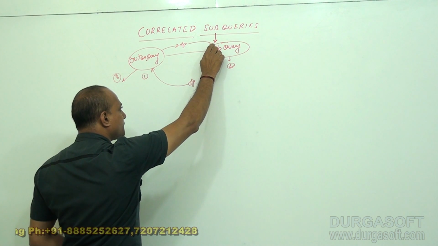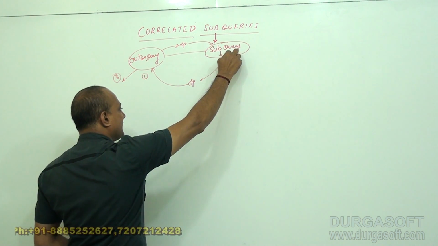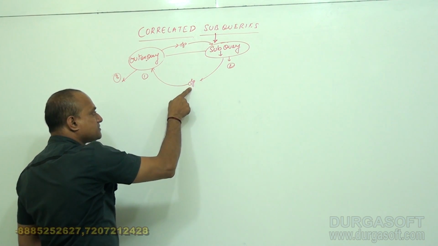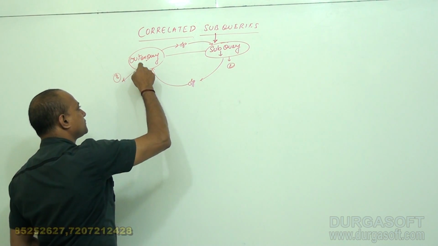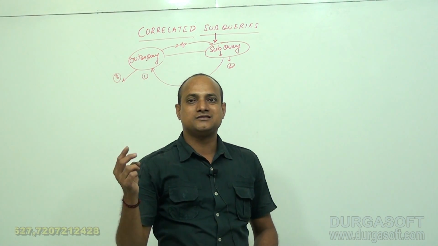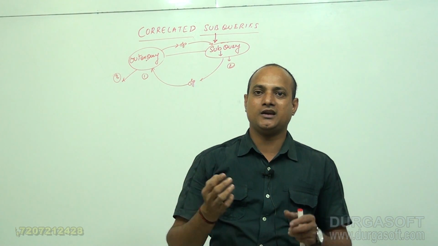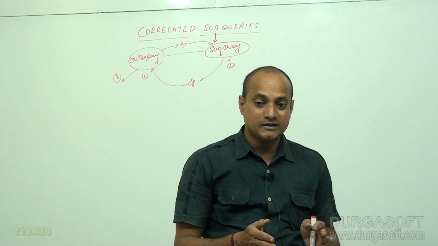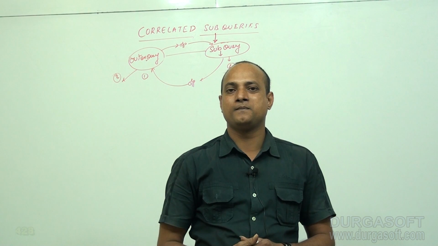Based on that output, the subquery executes and generates some output. Based on this output, the outer query is executed again. So the outer query is executing twice. That's why, if you have a real requirement, then only use a correlated subquery.